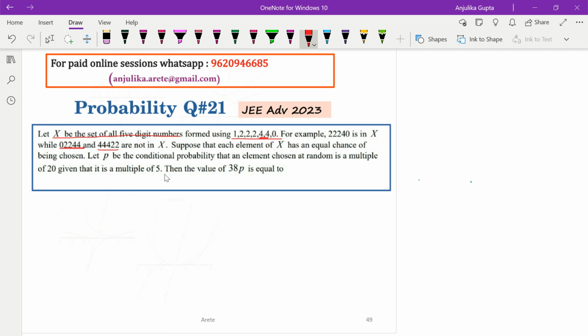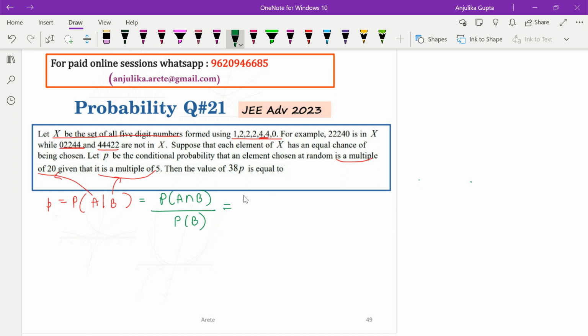And what are they asking you? P is the conditional probability that it is a multiple of 20 given that it is a multiple of 5. Let's say A is the event that it's a multiple of 20 and B is the event that it's a multiple of 5. So they are asking you the probability of A provided B has happened. That is probability of A intersection B divided by probability of B. Now let's boil down to the number of elements in X which are multiples of 20 or multiples of 5.